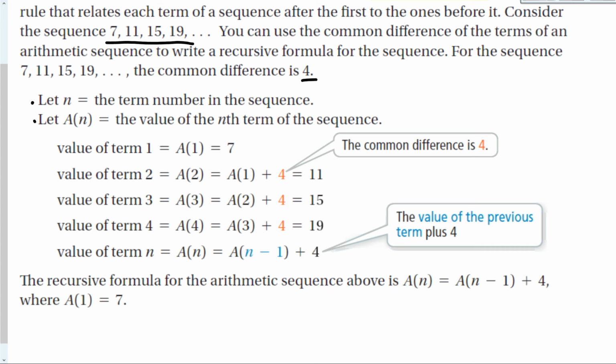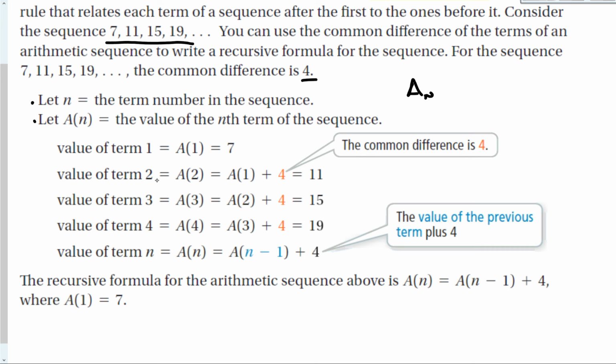Sometimes you see it with notation like this. Sometimes you see it with subscript. And that would indicate which term of the sequence you're talking about. So the value of term 1, a of 1, would be 7.